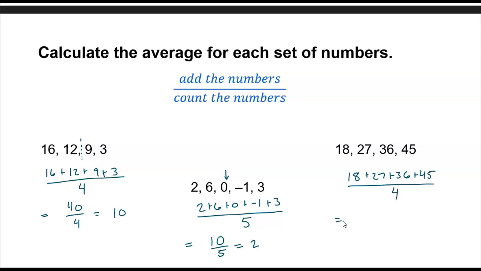I need my calculator for this one again. 18 plus 27 plus 36 plus 45. I get 126. That'll be divided by 4, which is 31.5. Notice our average can have decimals. That is totally possible. It doesn't always have to be an integer.